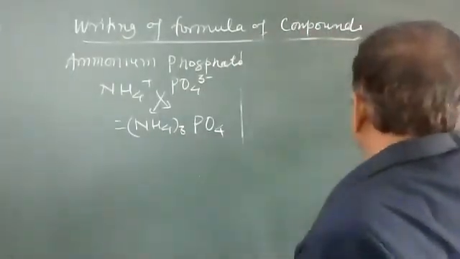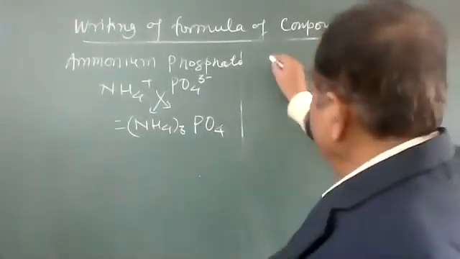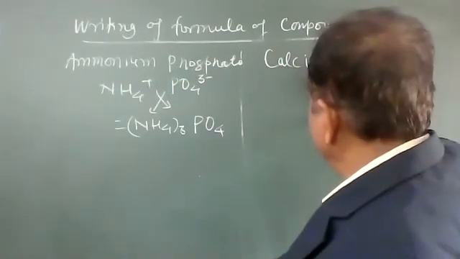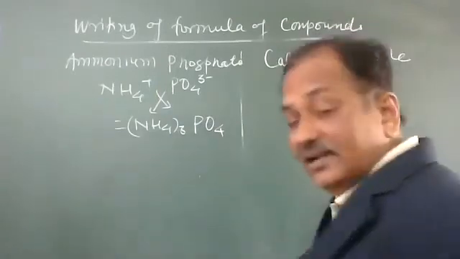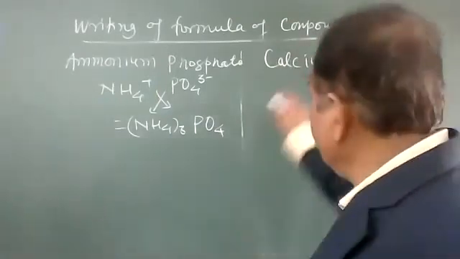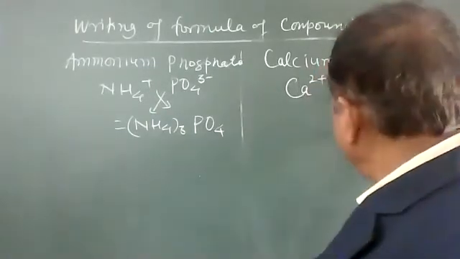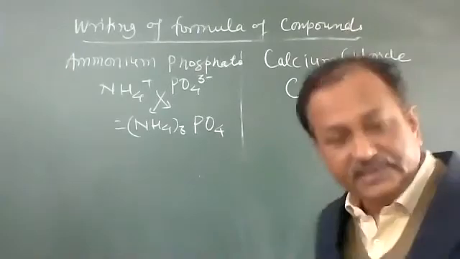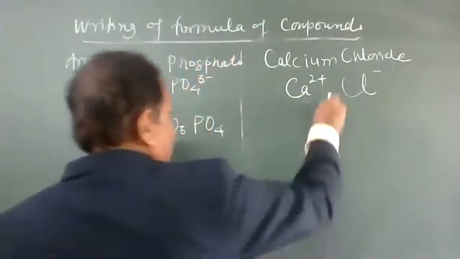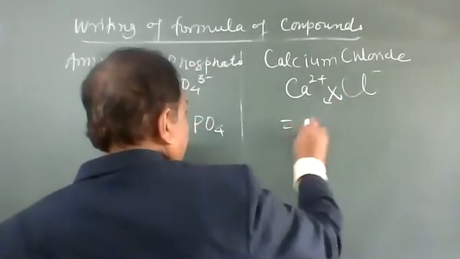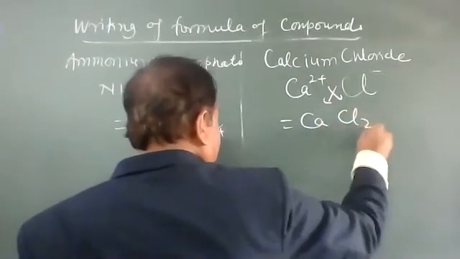Now coming to another example, calcium chloride. Calcium will be Ca2 plus, chloride Cl minus. So you will crisscross and it will be Ca, then Cl2.